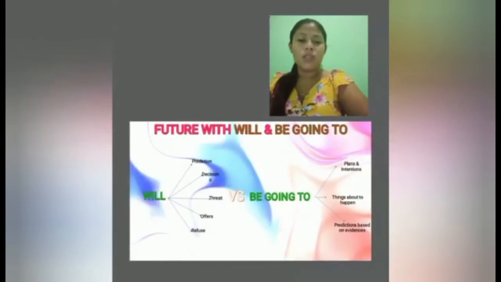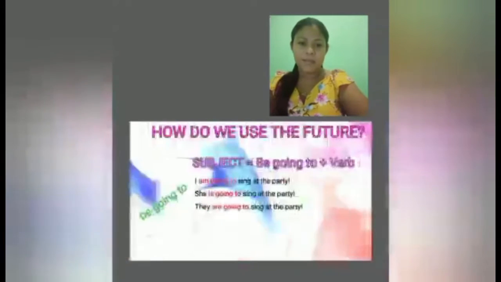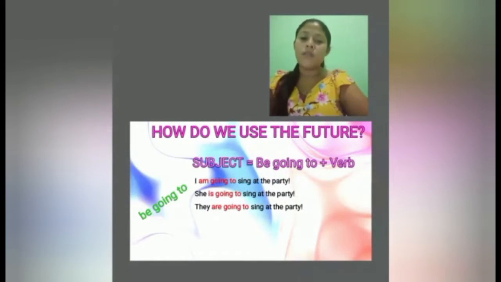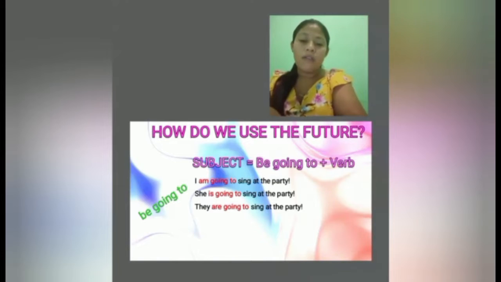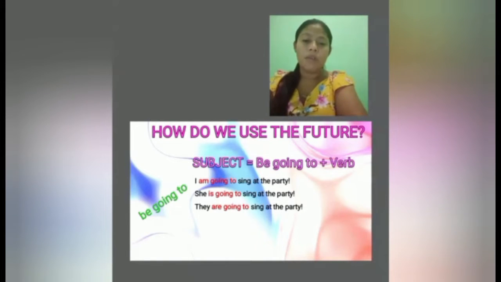Be going to is used for plans, intentions, things about to happen, and predictions based on evidence. How do we use the future be going to? It follows a simple structure. For example, subject plus be plus going to plus the verb and the complement.